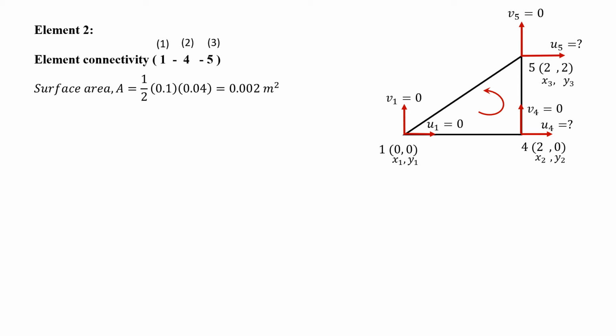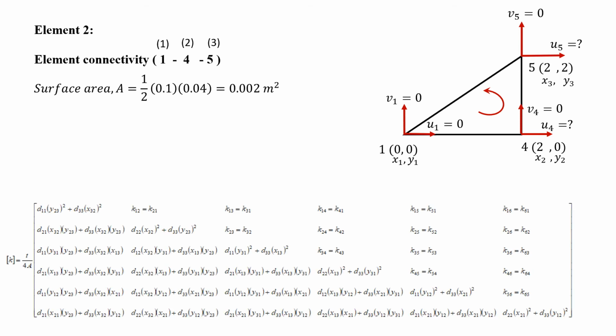Using the global K matrix, we have to arrange the rows and columns according to the element connectivity. In this case, as we connected the element using nodes 1, 4, 5, the arrangement of the columns and rows starts with U1, V1, U4, V4, and U5, V5.